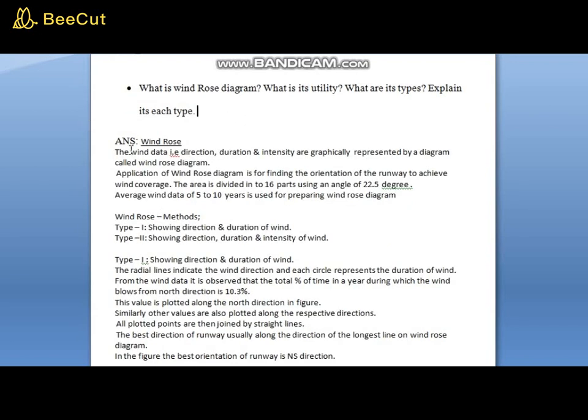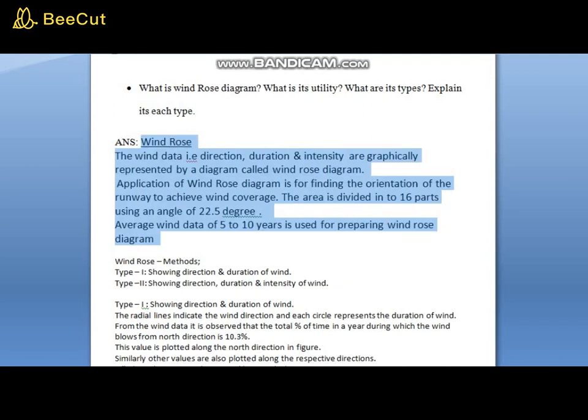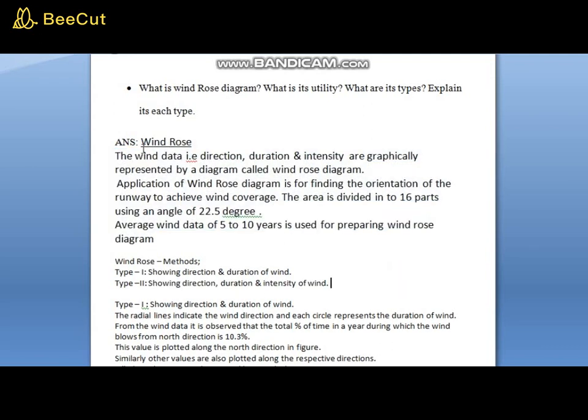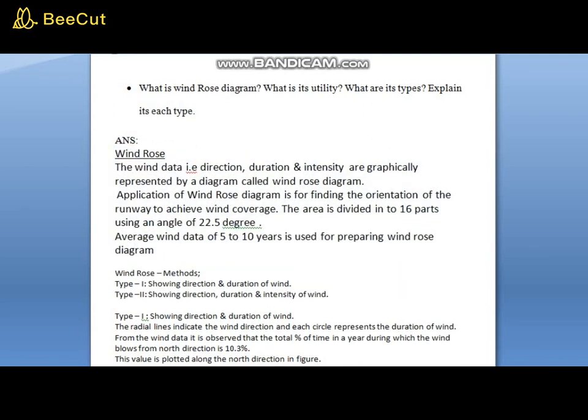So what is Windrose? Now let us talk about Windrose. The wind data, that is direction, duration and intensity, are graphically represented by a diagram called Windrose diagram.